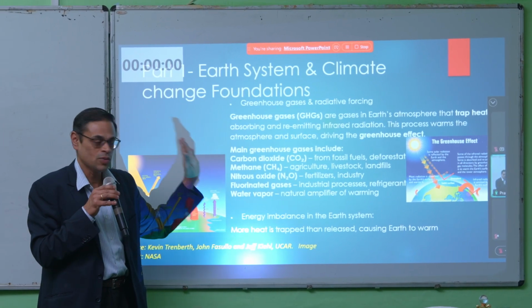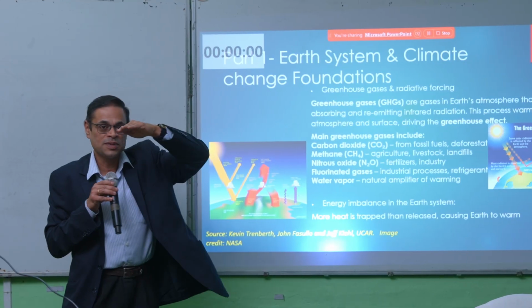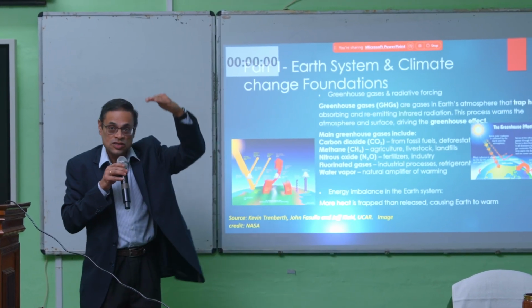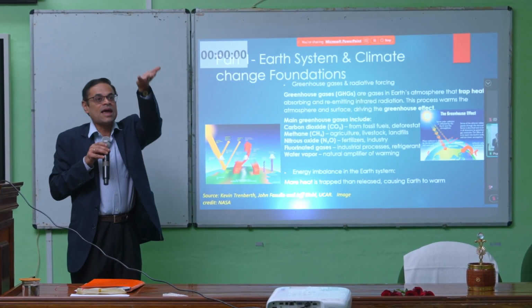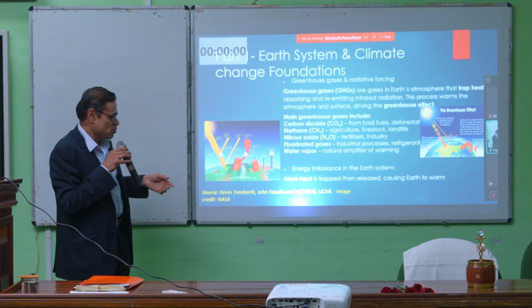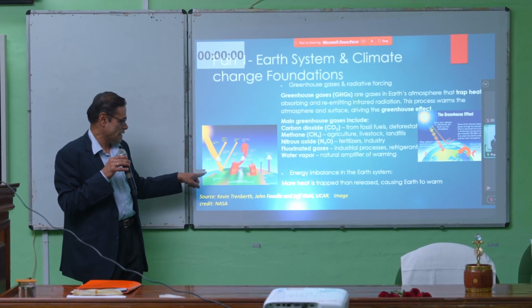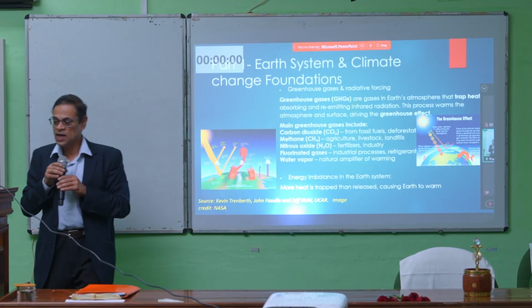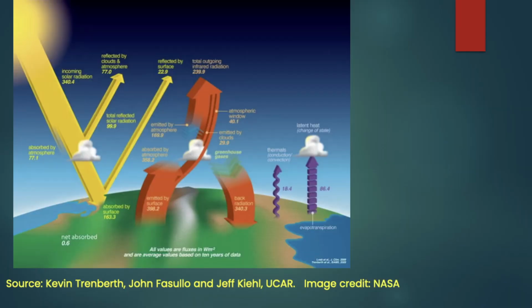These are all considered to be greenhouse gases, and they are in the upper level of the atmosphere, stopping the radiation that is coming from the sun from escaping back out. So this is the radiation part that I wanted to show in detail, and then what happens to the greenhouse gas because of the entrapment of the heat.